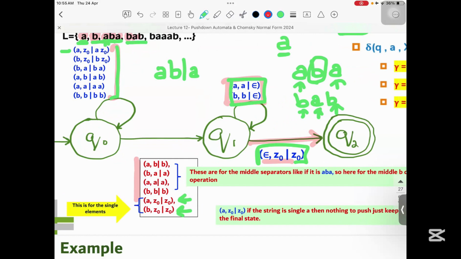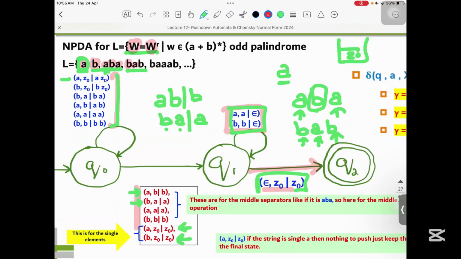In this case, if the input is B and the stack top is A, sorry, here it will be B, because if the input is B and the stack top is A, keep A as it is. So you can see we have this one and this thing, and this is, as I told you, for a single A and for a single B.